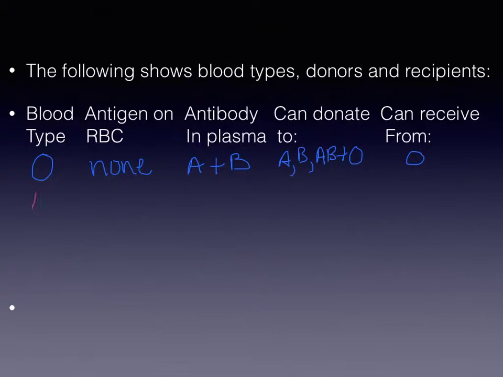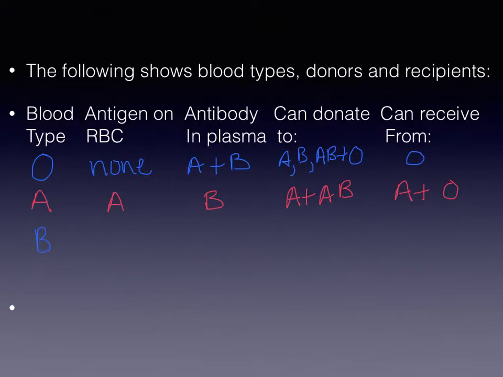A blood. It has antigen A. It has antibody B. It can donate to A and AB, and it can receive from A and O. B blood.